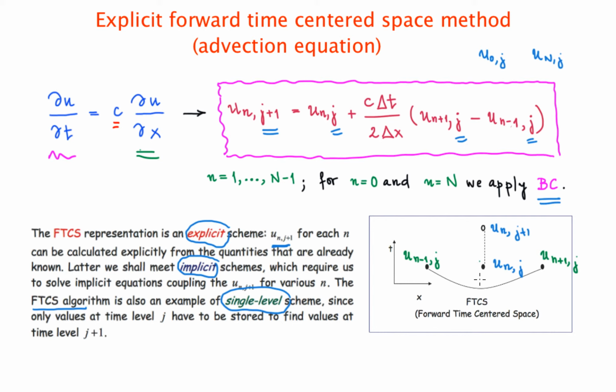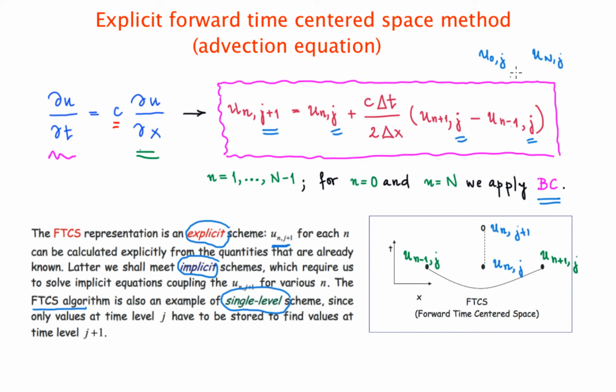As you can see, the partial derivative of u with respect to time is centered with respect to these 2 points, which are the ones connected in the partial derivative of u with respect to x. That's why this method is called the forward time centered space method. Even though it requires a different order in the representation for the partial derivative of u with respect to time and the partial derivative of u with respect to x.